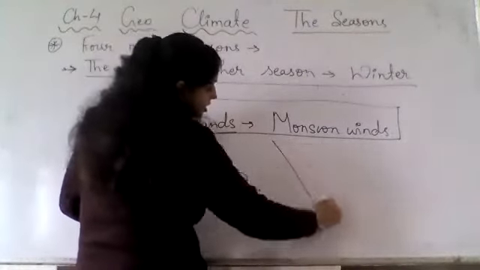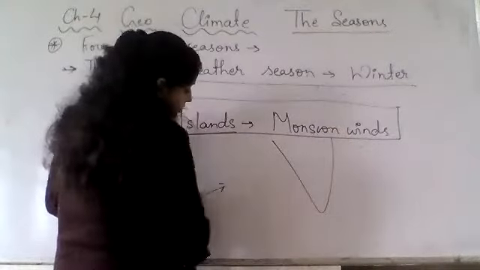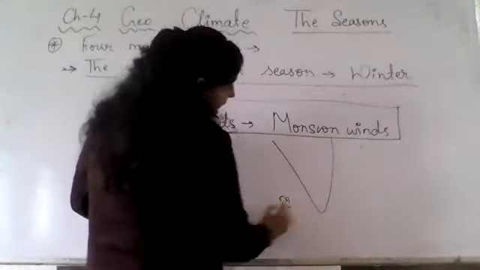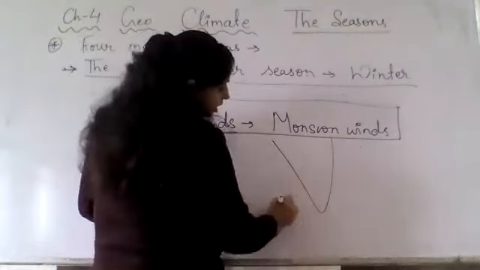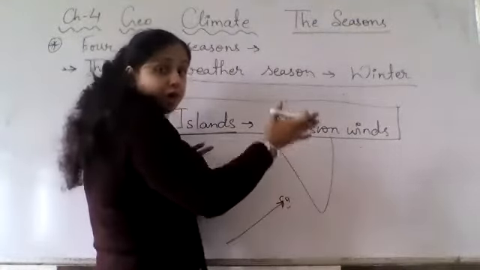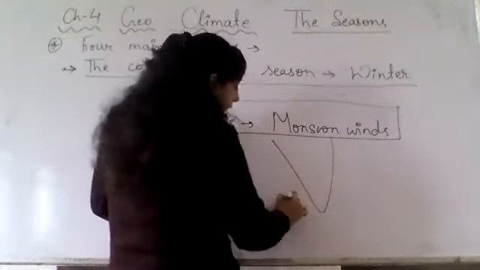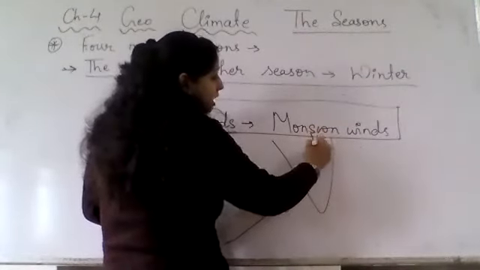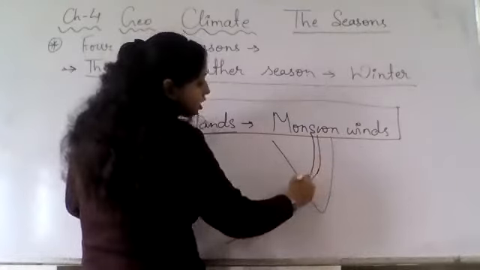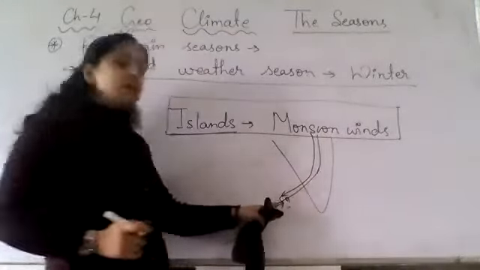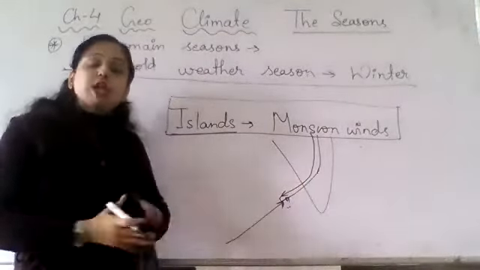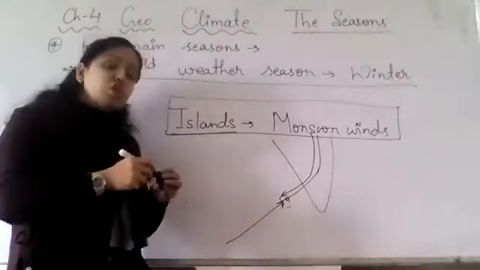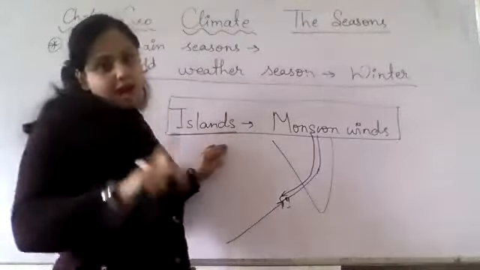If these are islands, it will come to the island first. And when it is withdrawing, it will withdraw from the island last. So it comes to the island first, withdraws from the island last.